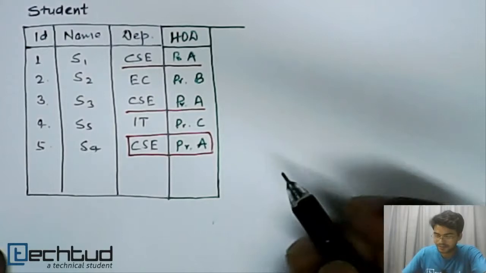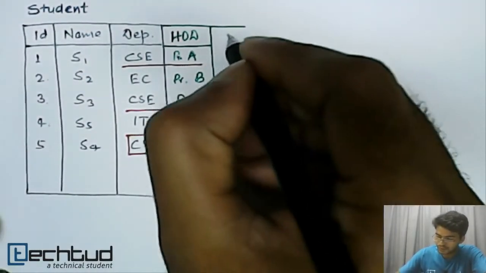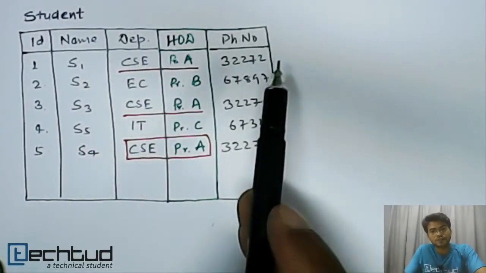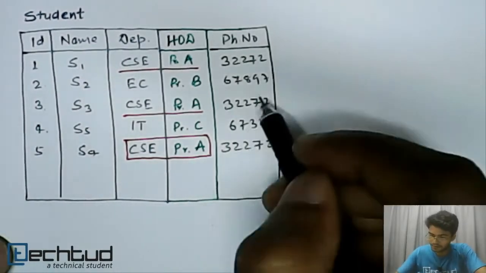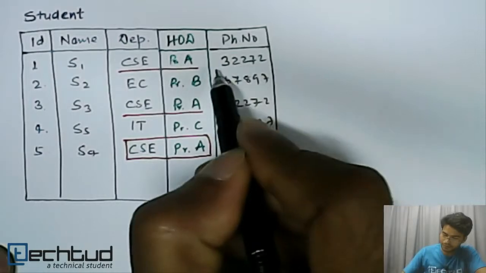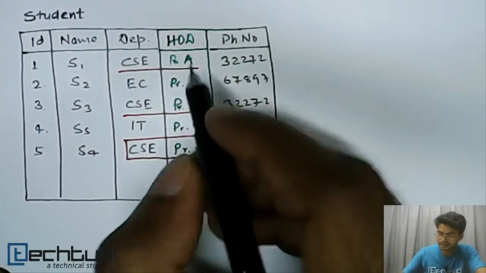Now let's make it worse. We have to store the phone number of the department. Here we have another column, which is phone number. Now the situation becomes worse because we have to store the phone number of the department again every time a new student is added.